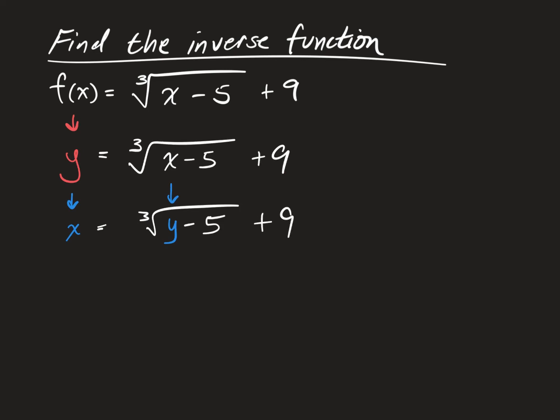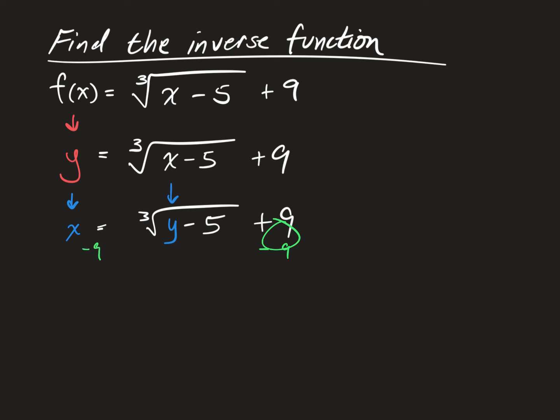plus 9. All right, the third step where you solve for y, again, this is a new function because the y is in a different place than what it was up here. We have to solve for y. That's where all the math happens. So we can solve for y pretty easily just by subtracting 9, as we can't do anything with the cube root until it's isolated.